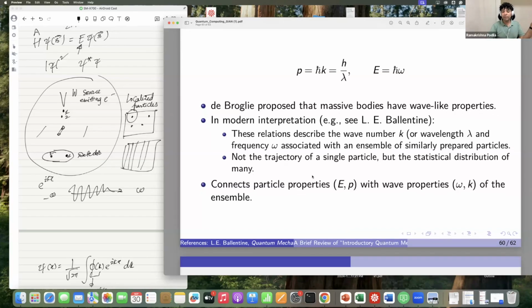So that's what we mean by an ensemble of similarly prepared systems. This wavelength is not associated with just a single particle. It is rather associated with similarly prepared systems, and it belongs to an ensemble. So it is not that the particle is behaving both like a particle and a wave.